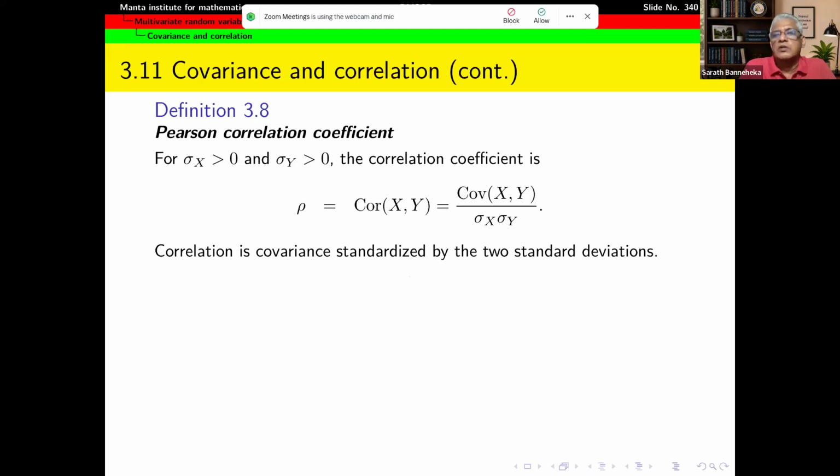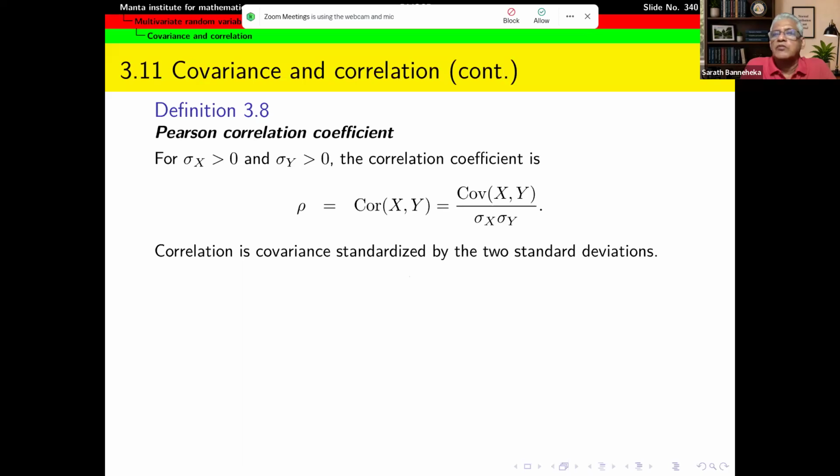the covariances. Say, suppose you want to compare covariance between X and Y and U and W, right? So if they are measured in completely different units, it will be very difficult to compare, right? We will be using covariance to get some idea about the variability of the pair XY around the mean mu x, mu y, but the value we get will change depending on what units we have used.